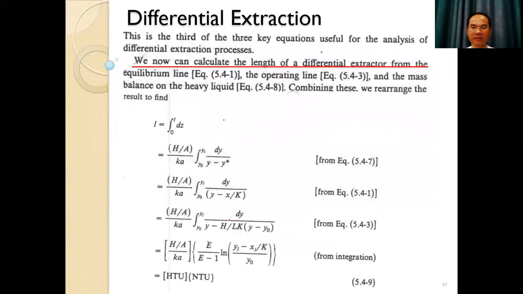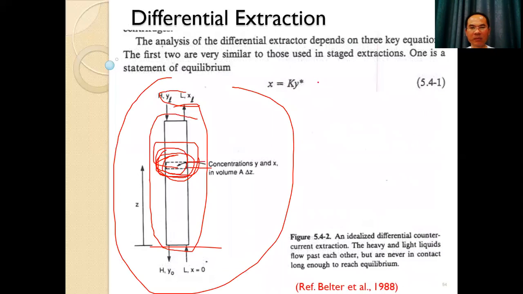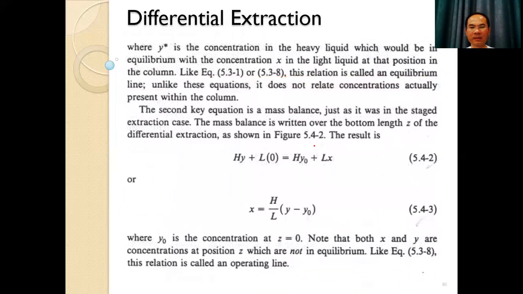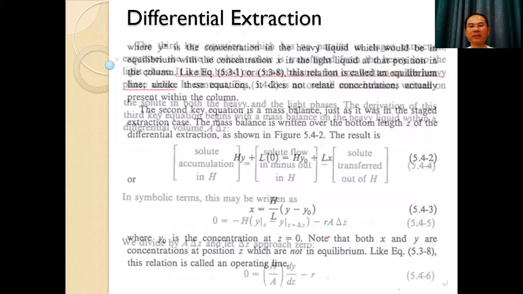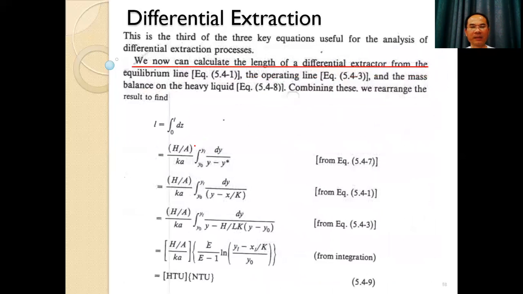We also substitute the equilibrium equation into this equation, and then we get an integration. That's why we calculate the length of the differential sector from the equilibrium line, operating line, and the heavy liquid like this.